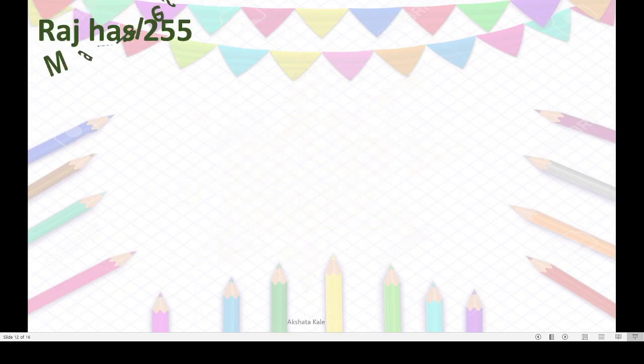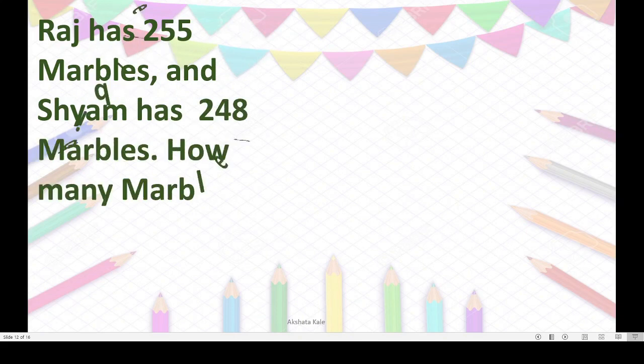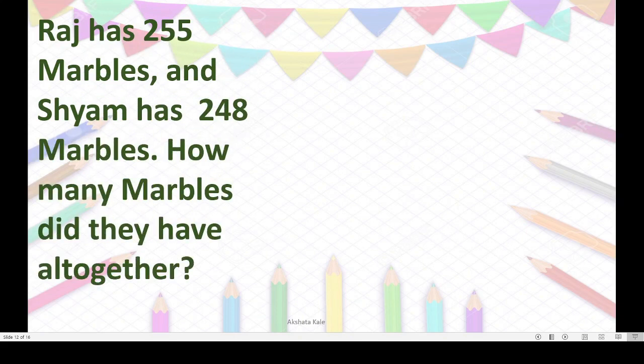Our first sum is this. First we will read this sum peacefully. Okay? Here Raj has 255 marbles and Sham has 248 marbles. How many marbles did they have all together? This is our sum.